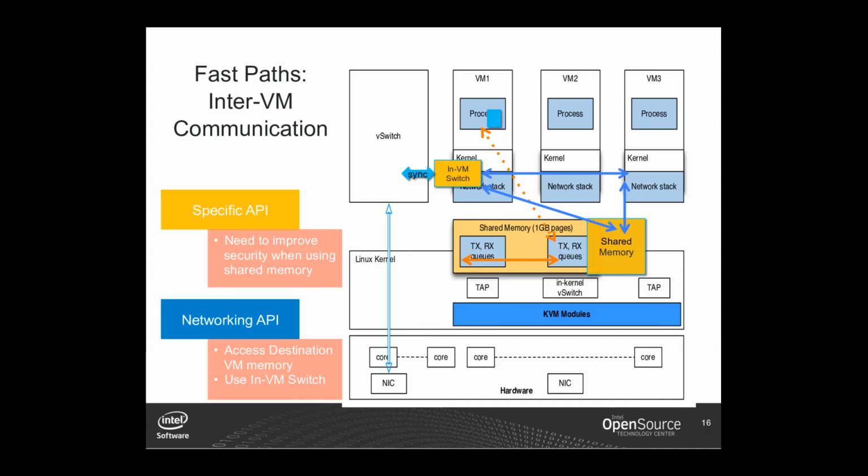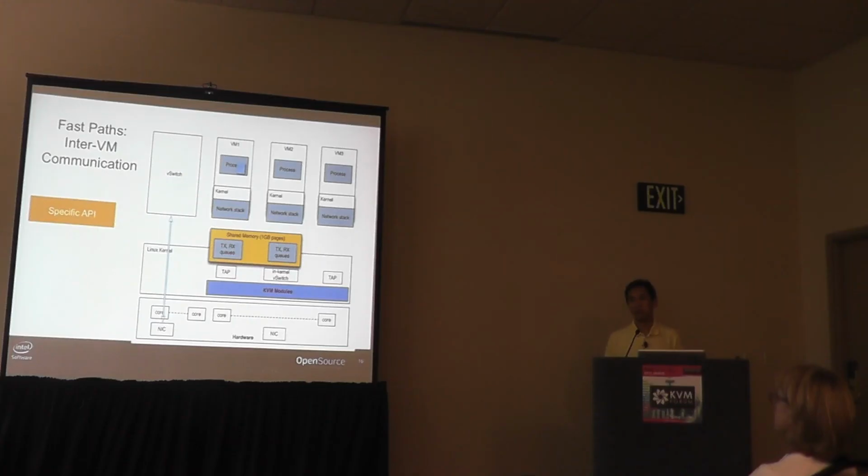Now, how can we make it even faster? If we use a specific API, what we can do is basically not talk to the switch. Something like this. This way, VM1 can directly send a packet to VM2 without bothering the switch.